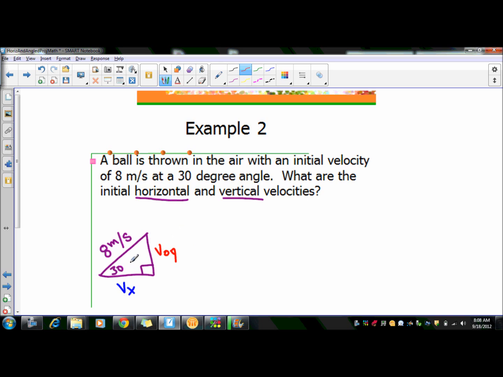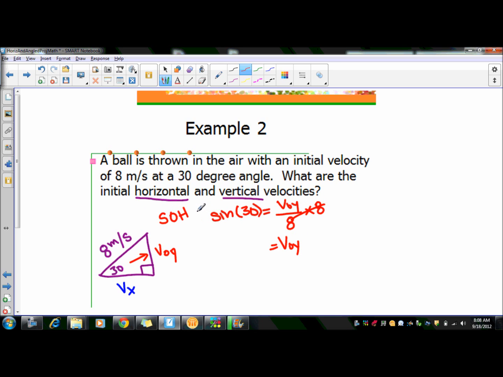So this is the opposite side from the angle, so it's opposite and hypotenuse, which is sine. So we'll do sine of 30 equals opposite, which is V naught Y, over hypotenuse, which is 8. So to solve for V naught Y, we're going to multiply by 8 on both sides.